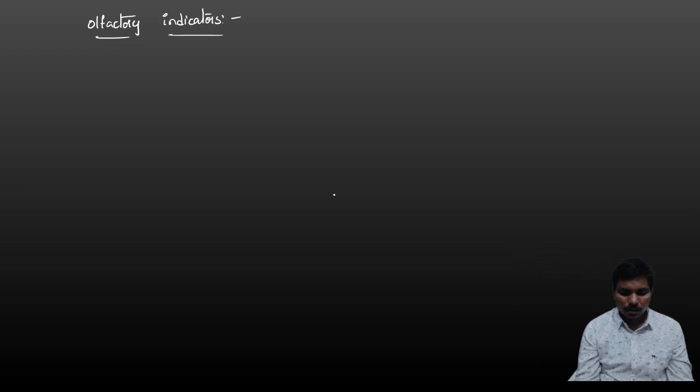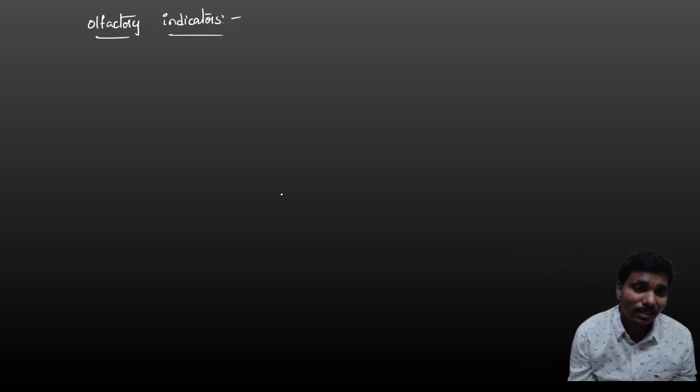And what about the olfactory indicators? These olfactory indicators are nothing but substances that have a distinct smell. Okay, so a substance whose smell changes in the solution, which may be acidic or basic, we can get the idea by using these indicators.